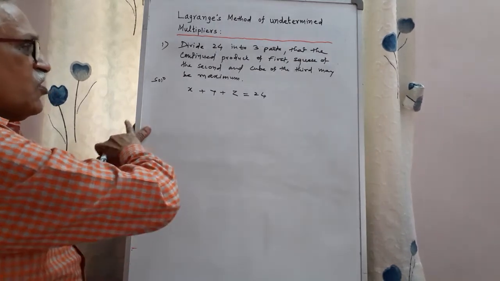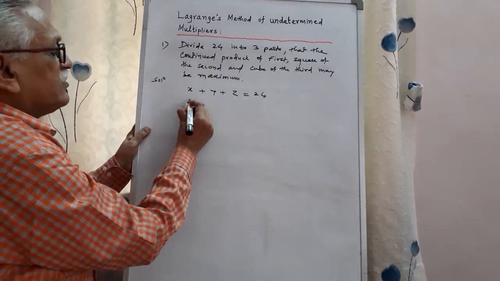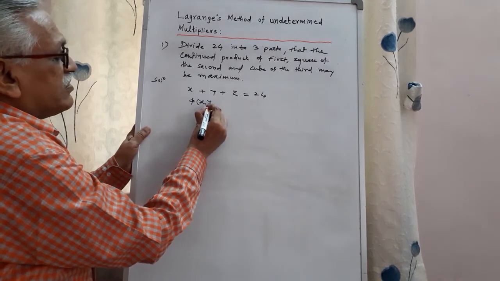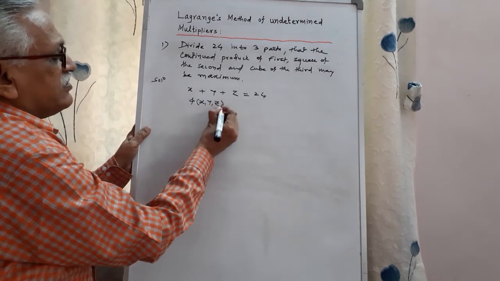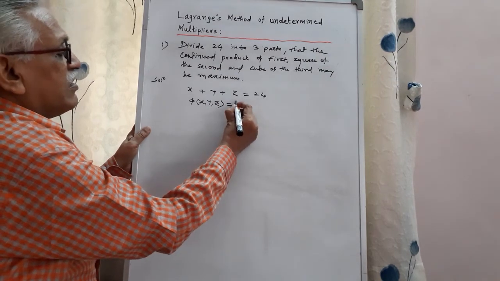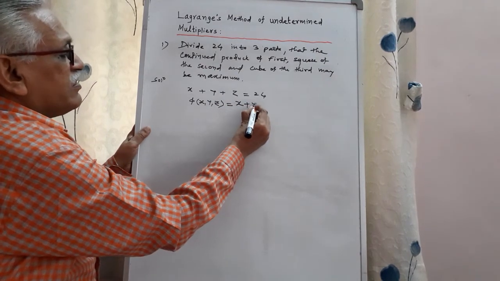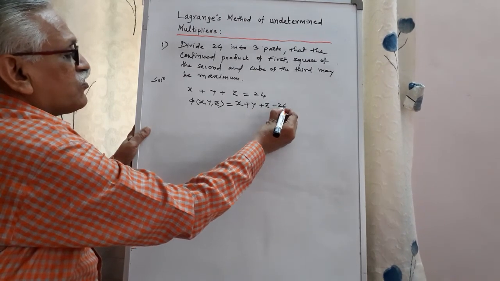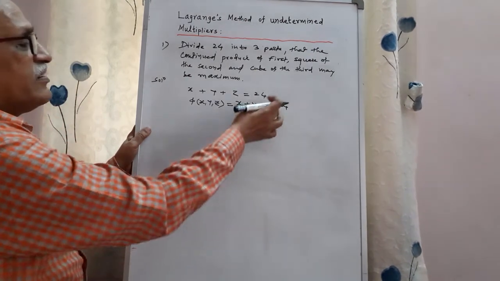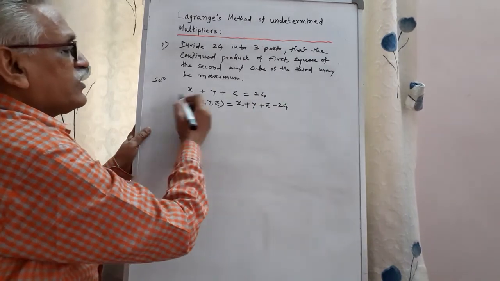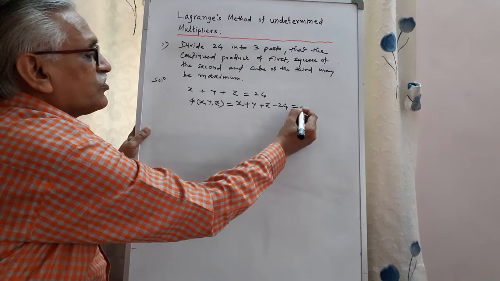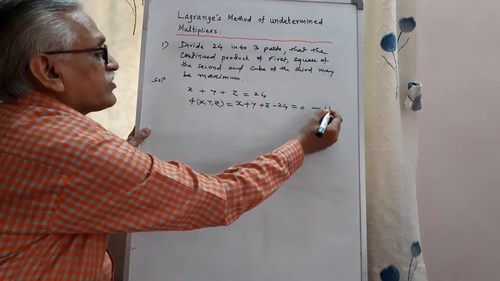Transferring this to the other side, we get a function of x, y, z as x plus y plus z minus 24, which equals 0. We call this equation 1.